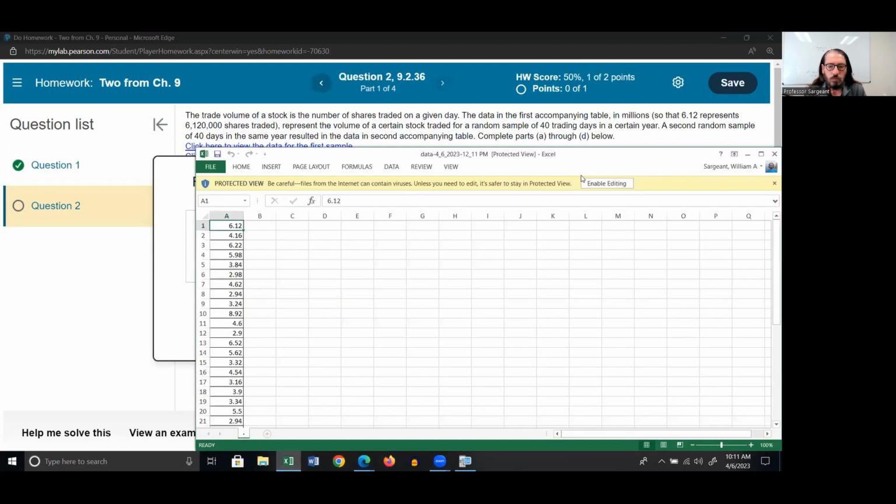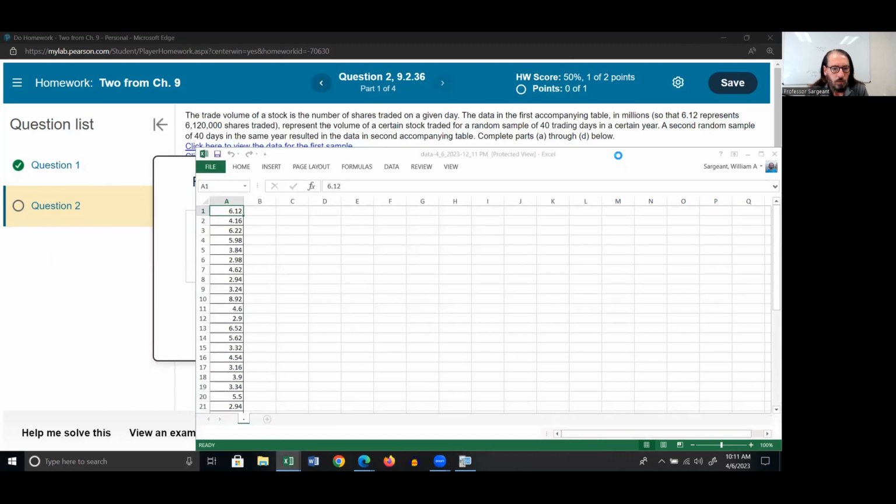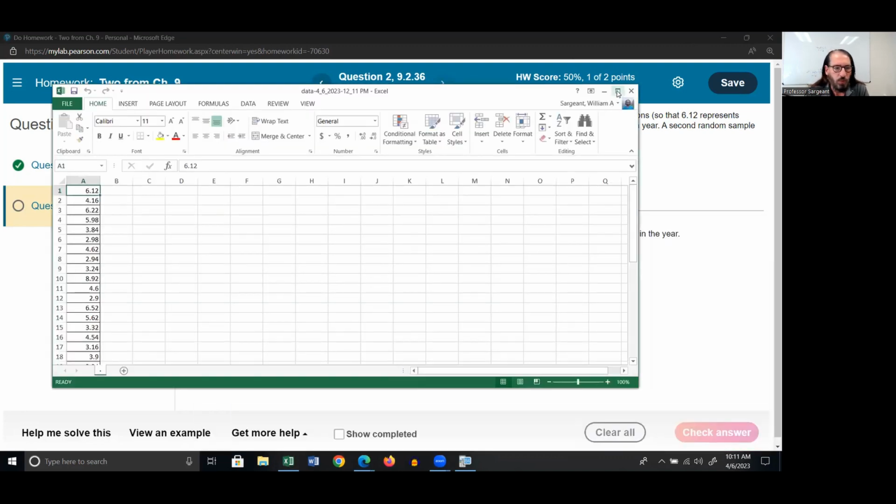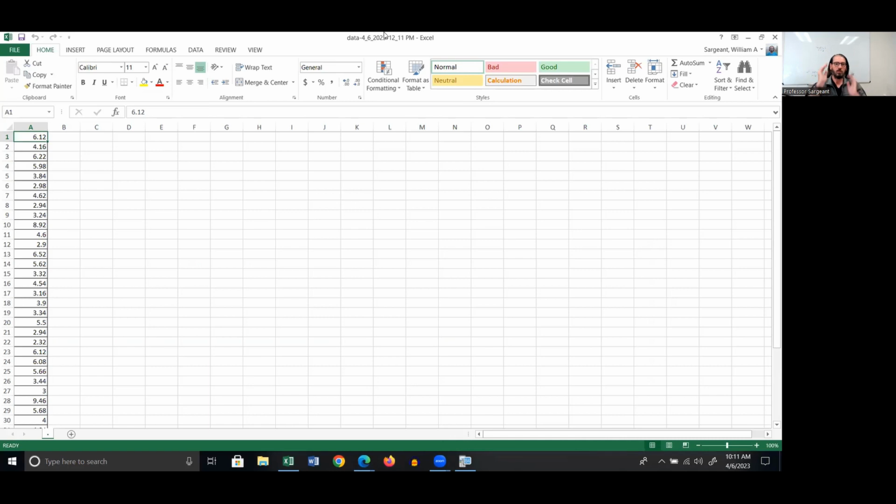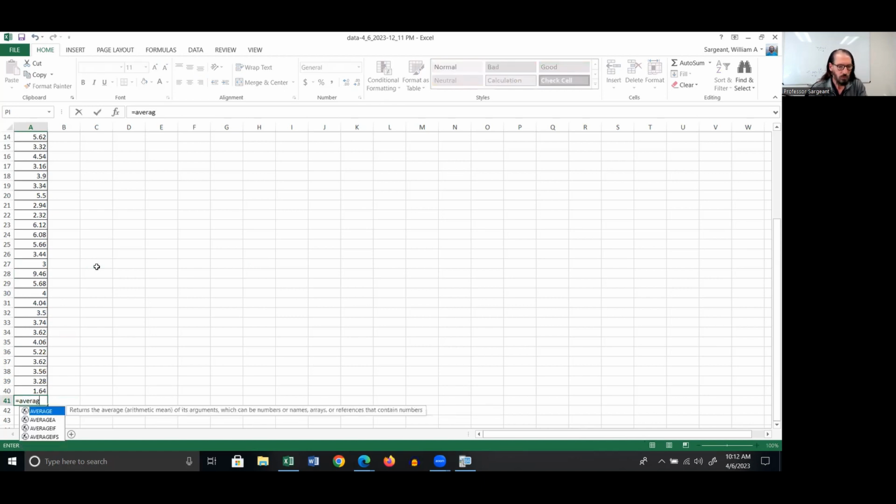Here we go. And I expect that we will both need the sample mean and the sample standard deviation. So column A, row 1 to column A, row 40, whereas for our standard deviation, since it's for a sample, use .S.